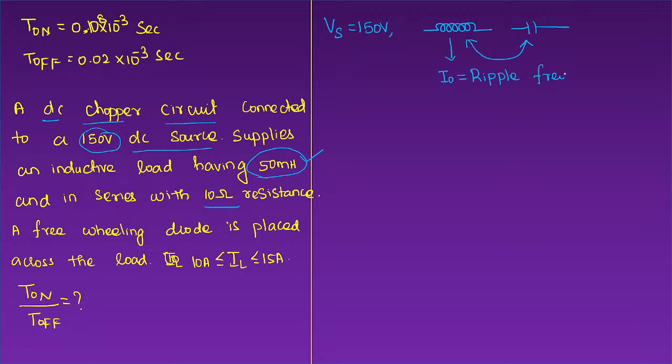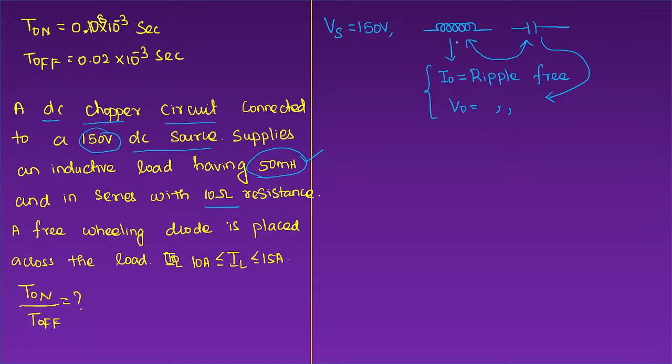If we want to make the output current ripple free, then the inductor's presence is very important. Second, if you want to make the output voltage V naught ripple free, then you must keep the presence of a capacitor. That's why we are maintaining these two.